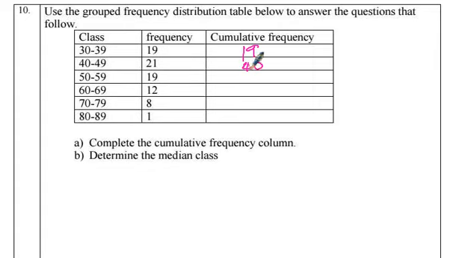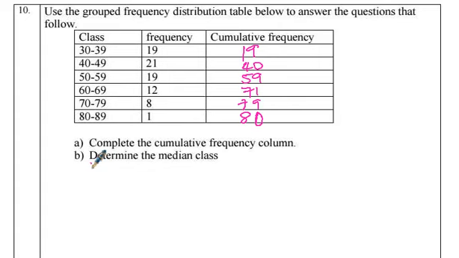To get the next one, I add 40 plus 19, which gives me 59. Then the next one gives me 71. When I add this plus this, I get 79. And when I add this plus this, I get, sorry, 80. That's the right way to add. So we have completed that.